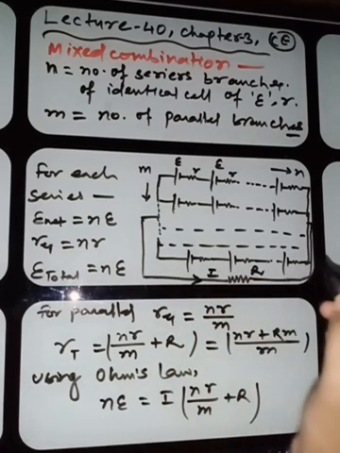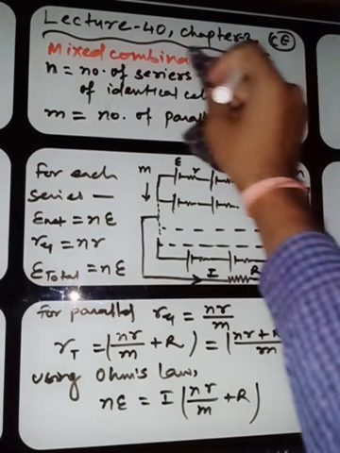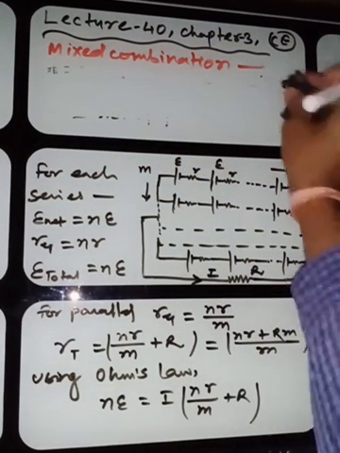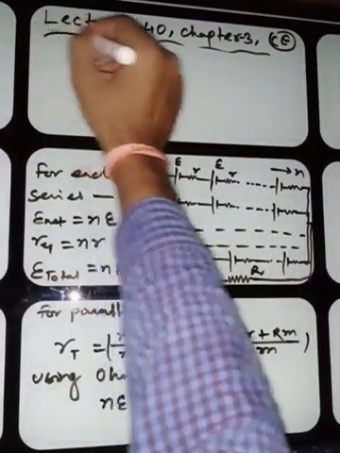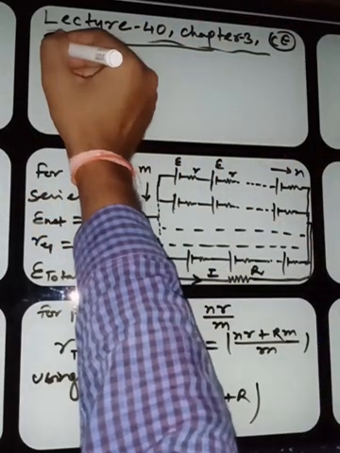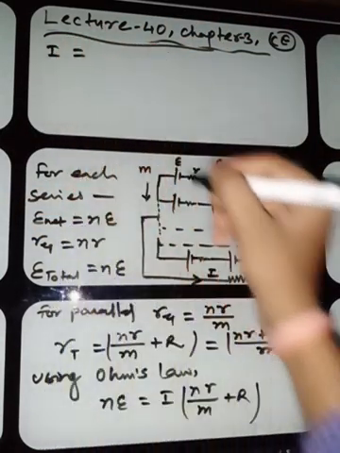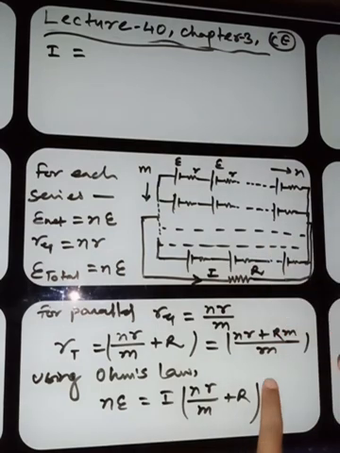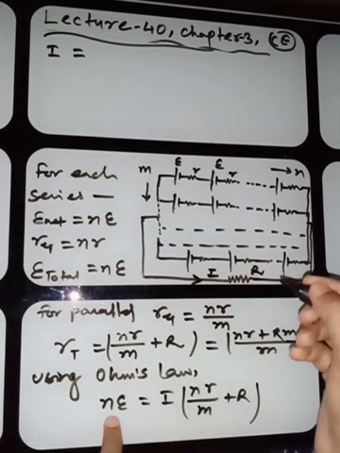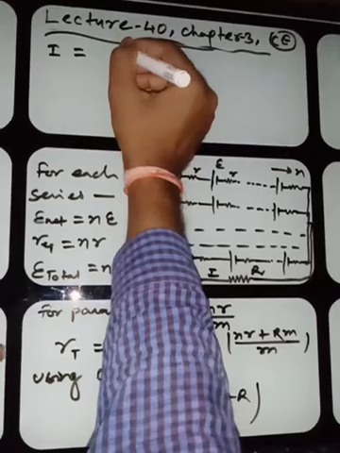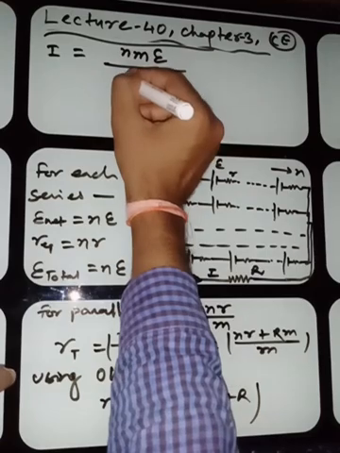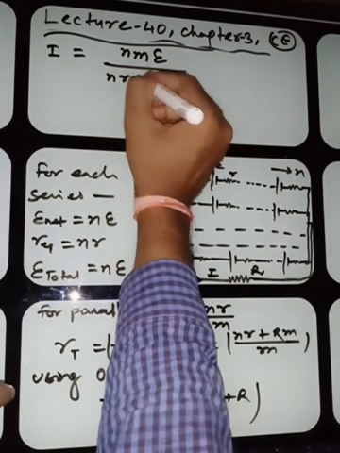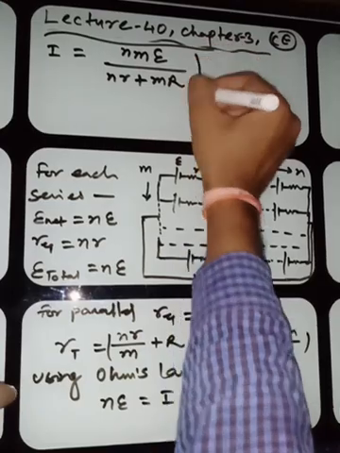If it is the current I, then we can write the current, I'm writing over here. The current I is equal to nE, and the LCM m will be multiplied over here, so it will be nmE divided by (nr plus mR).